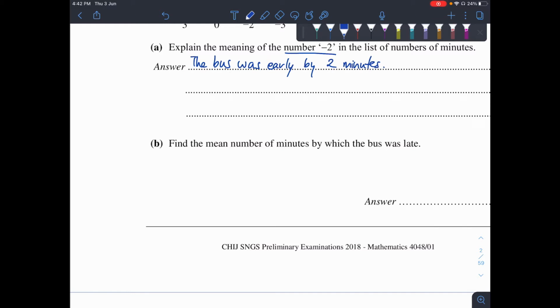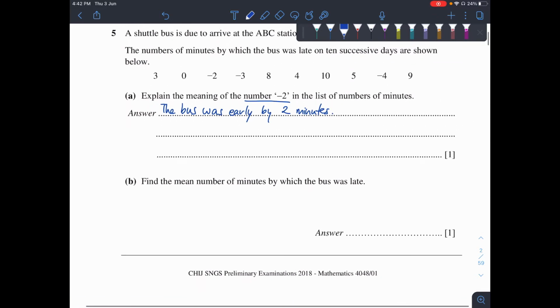Okay, so for the next part, they want us to find the mean number of minutes by which the bus was late. For this, you remember the formula to find the mean, which is to add up everything and then divide by the number of days. So the mean would be divided by 10 because there are 10 successive days.